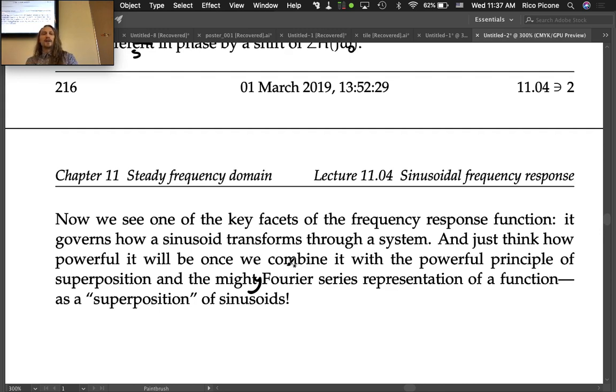So that's why we're so hot on the frequency response function: it tells us a lot, not just about how a single sinusoid transforms, but how any function with different sinusoidal components transforms. So that's what we're going to do. There are a lot of cases of just a sinusoidal input, and that's useful, but the frequency response function is especially useful when you start thinking of any other function as being composed of sinusoids at different frequencies.